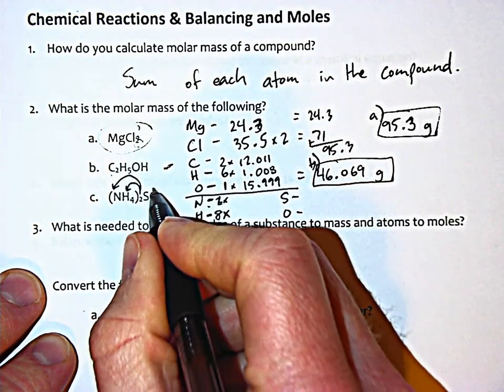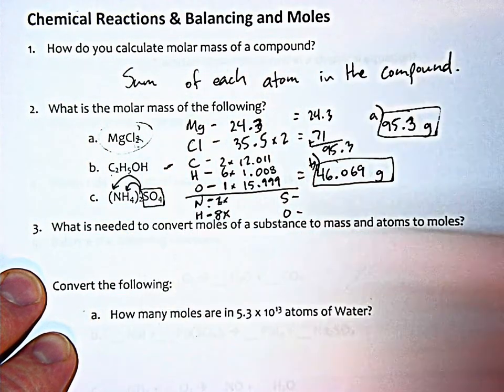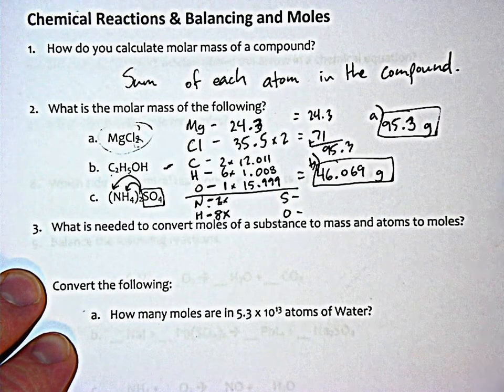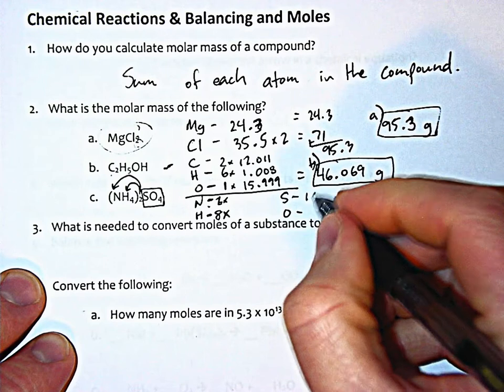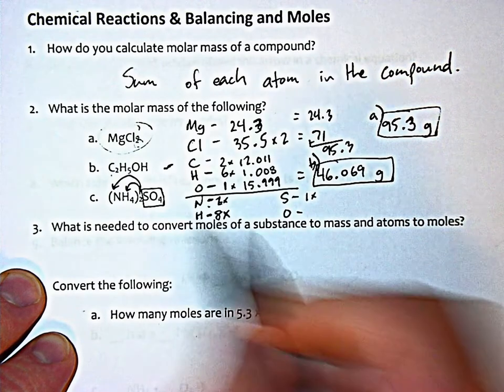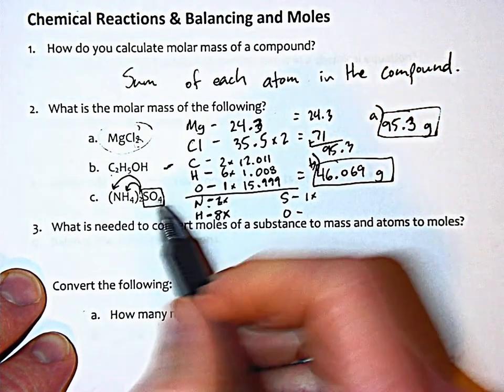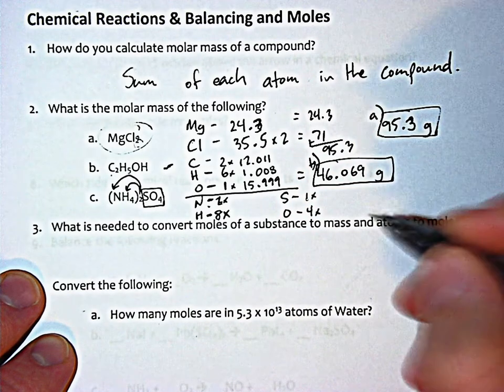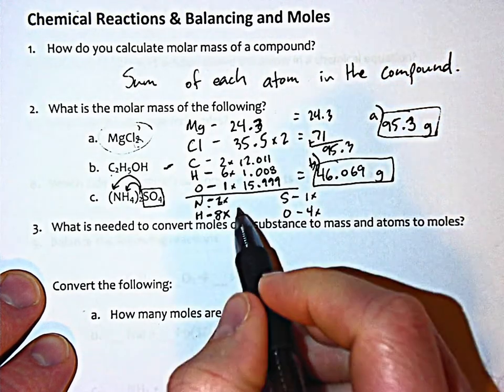Now, this SO4 is on the outside of the parentheses, so nothing distributes to it. So S is by itself, so there's just one of them. And then the 4 is only attached to the oxygen, so 4 times. I'm going to save myself a little time.